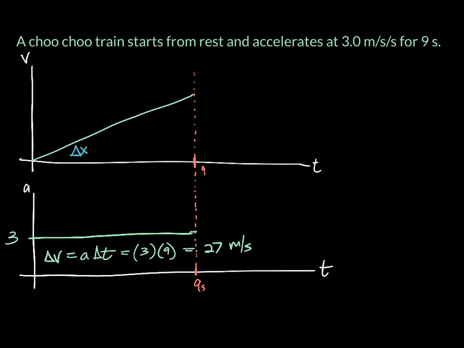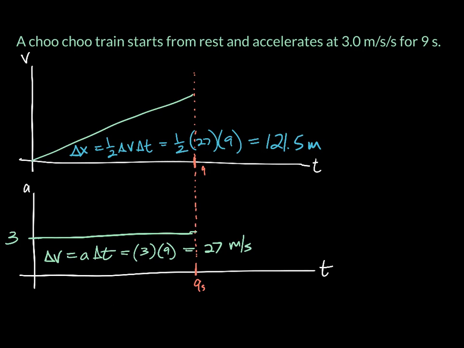Delta x, we'll assume it's horizontal, would be 1/2 delta v delta t, which means it's 1/2 of 27 times 9. Anybody compute that number yet? 121.5 sounds right, meters. So easy peasy.